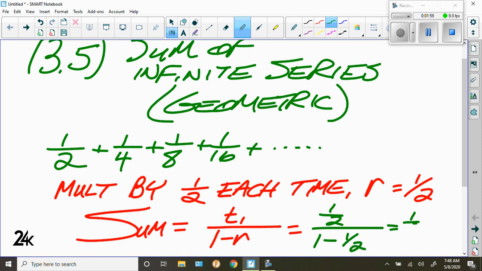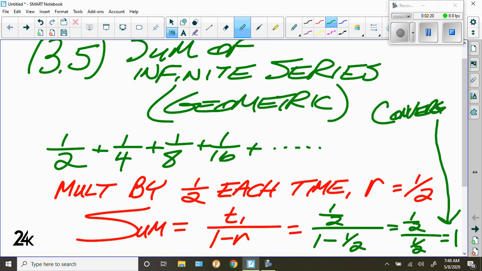So that's a half over a half, which means that the answer, when you add up all those, it converges to 1. Okay? So it converges to 1, meaning you're going to get there eventually.